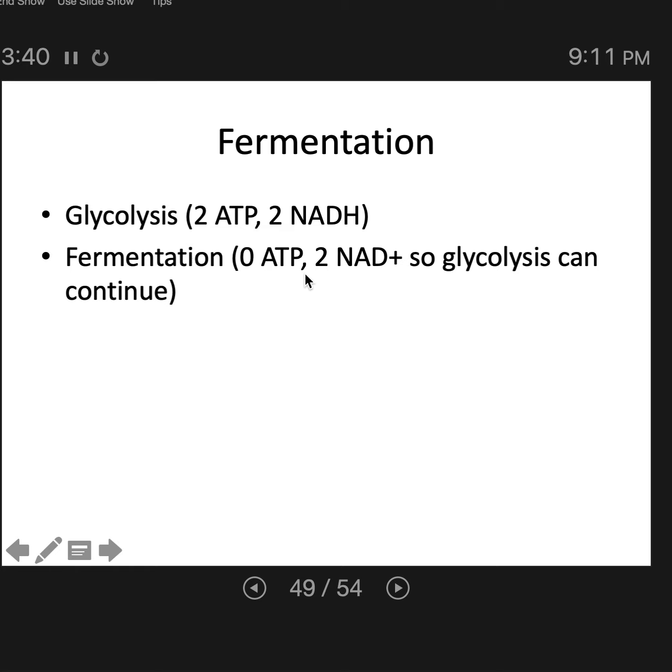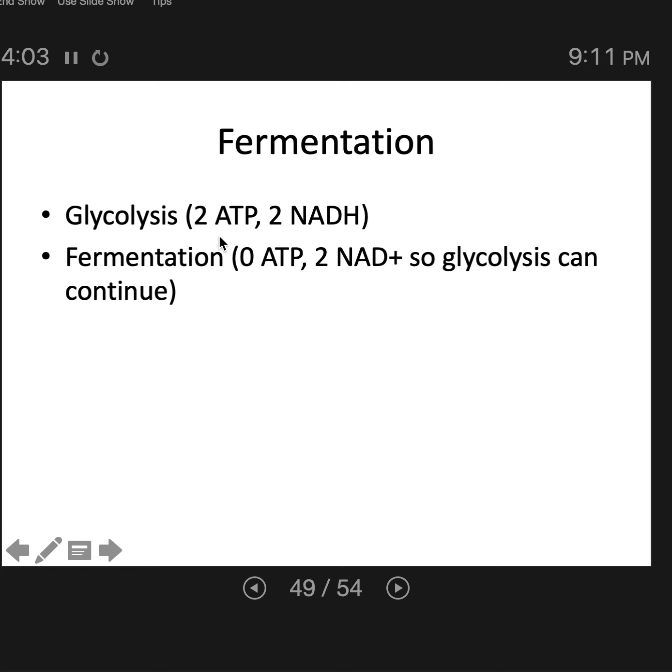The fermentation step merely recycles NADH back into NAD+ so that glycolysis can continue, right? Because in the citric acid cycle, when oxygen was going, all the NAD+ was getting converted to NADH, but if the electron transport chain is backed up, the NADH can't pass off its electrons to the electron transport chain. It can't go back to NAD+.